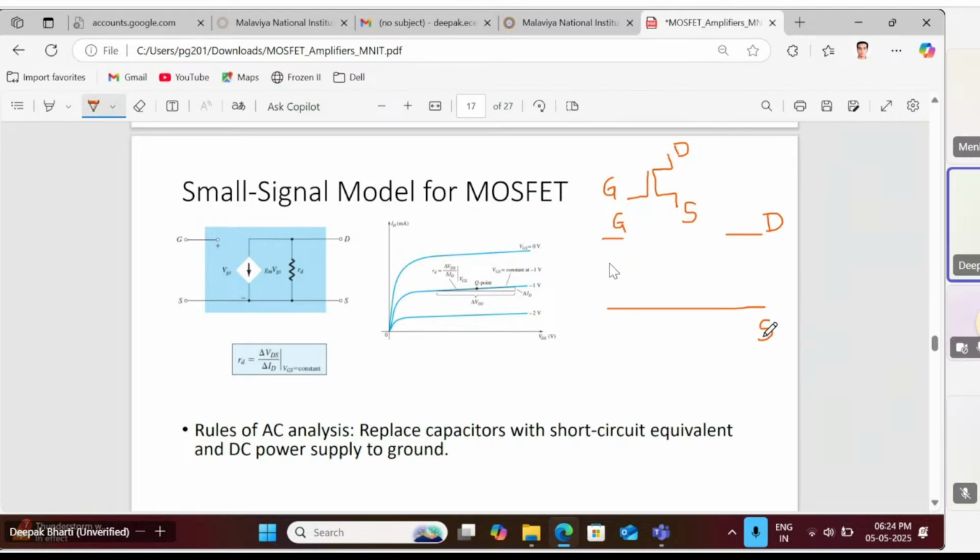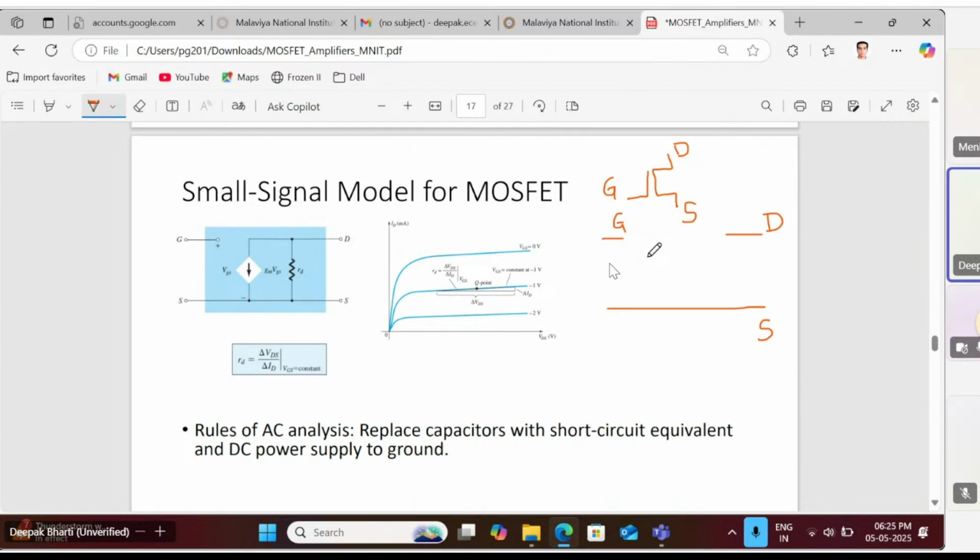Between gate and source, what kind of resistance may I have? Because VGS is generally on the input side, we have the oxide layer, so its impedance is quite large.